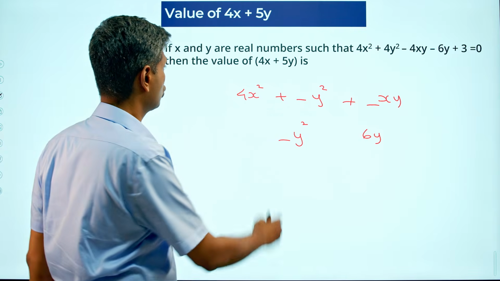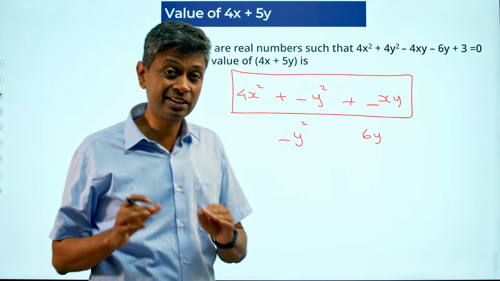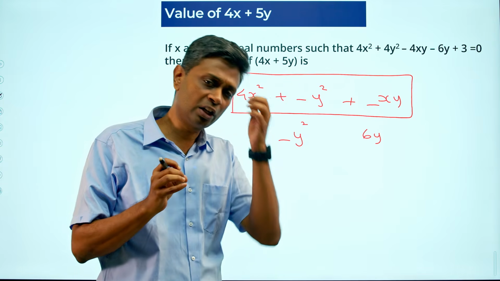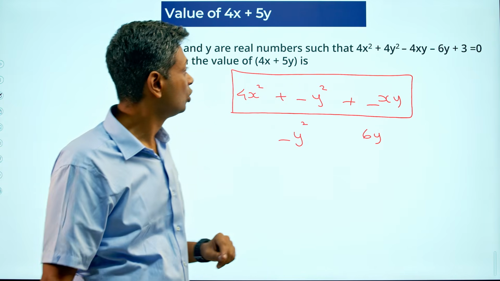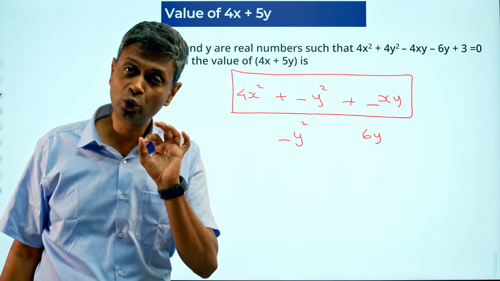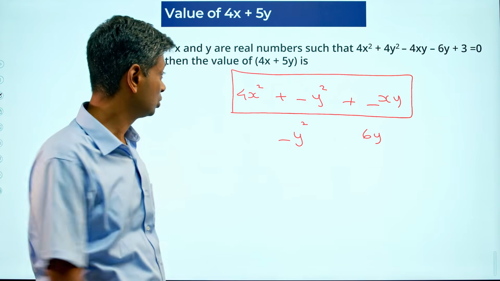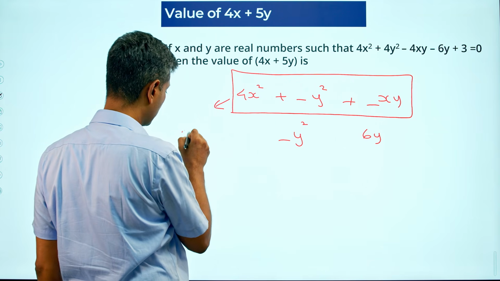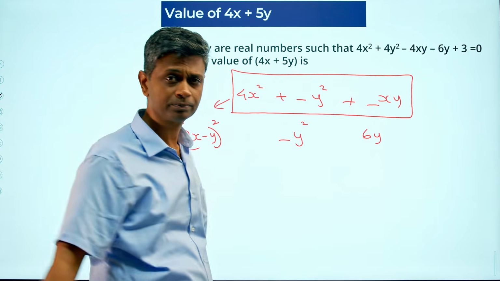So let's focus on this because there is an xy term here and x square can come only here. There's no x minus 3 or 2x plus 5 or 3x minus 4. So 4x square can come only from 2x the whole square. There's a minus 4xy. So this has to come from 2x minus y the whole square.